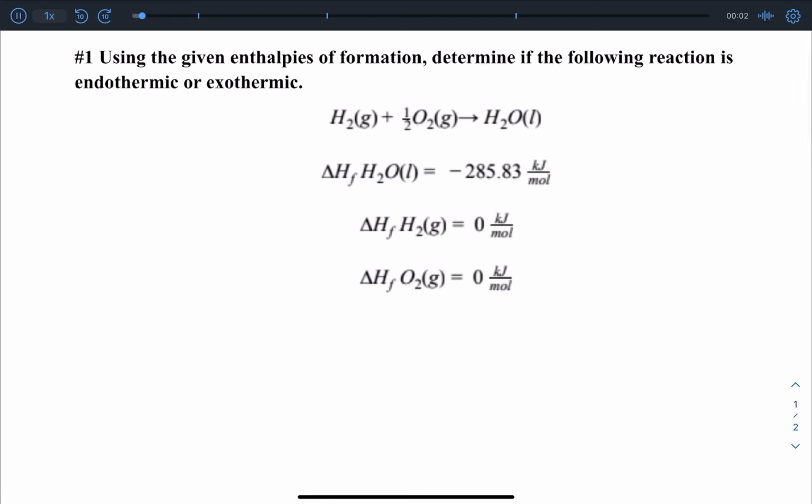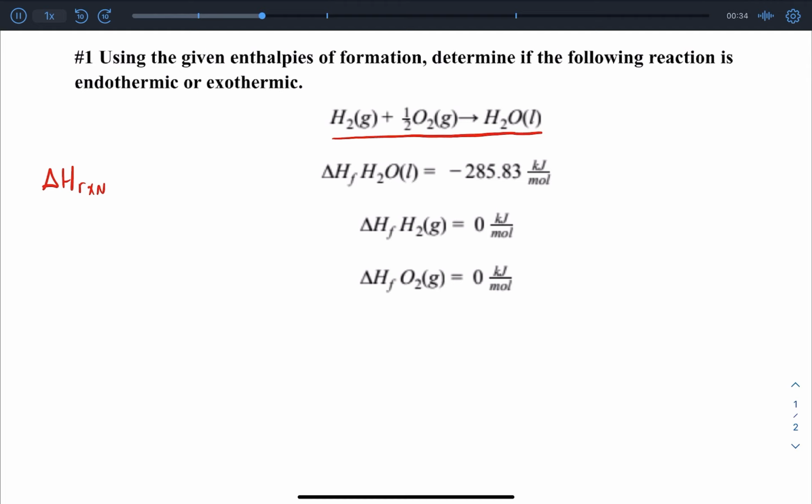Problem number 1 asks us to find out if the following reaction, H2 plus 1/2 O2 goes to H2O, is endothermic or exothermic. So what this is essentially asking for is the enthalpy of the reaction. The enthalpy of the reaction, which we can call delta H sub Rxn, is equal to the sum of all of the enthalpies of formation of the products and reactants involved in the reaction.